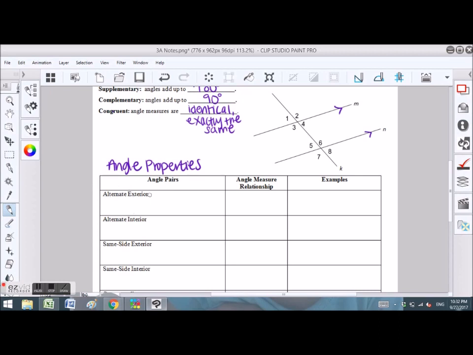So that's it for the description. Opposite sides of transversal. And then outside of the parallel lines.